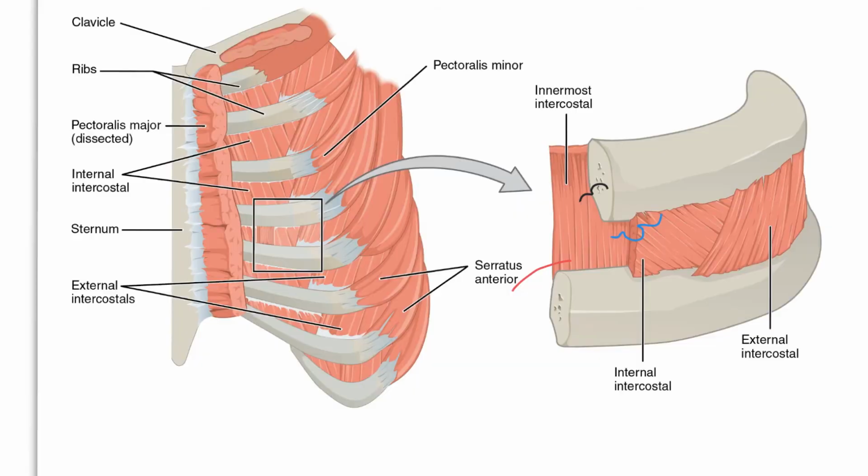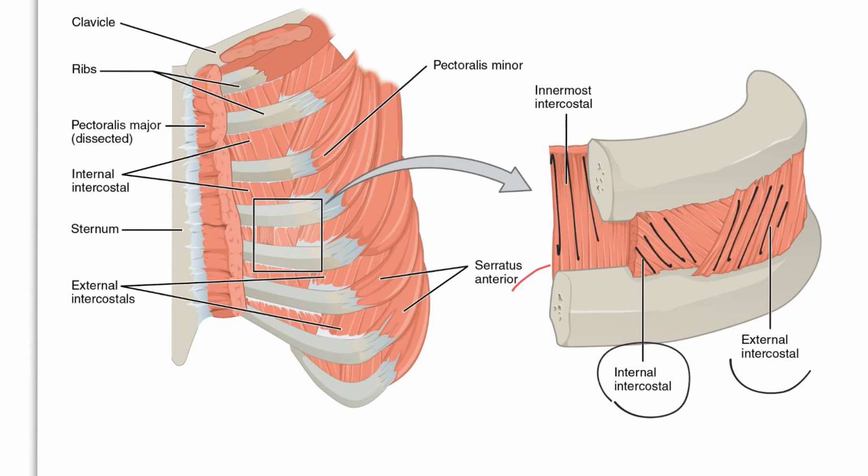So let's just take a look at this diagram to see that we understand the terms internal and external intercostal muscles. So your internal intercostal muscles are the muscles on the inside, the ones closest to your lungs, the innermost intercostals, like they're called here on this diagram. So that's these here. And then you've got the external ones, the ones that are on the outside.